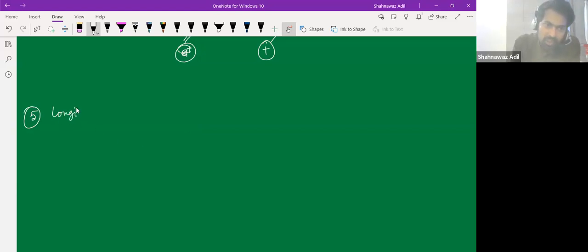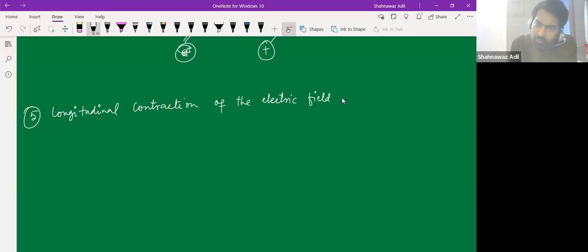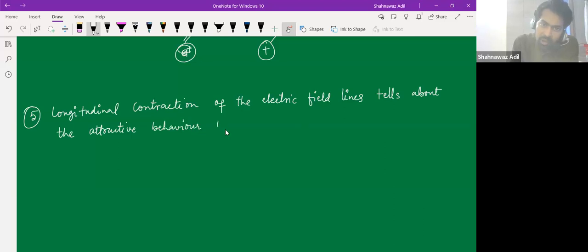Longitudinal contraction of the electric field line spells out the attractive behavior of the charges or electric fields.